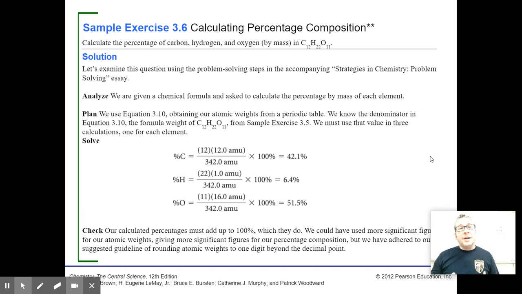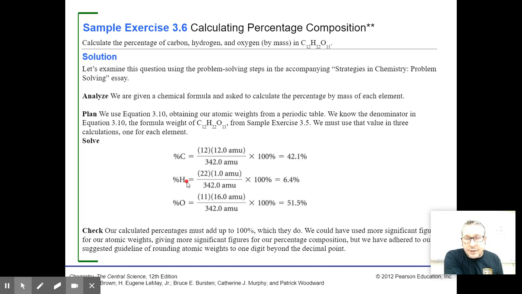This one is asking for all 3 percentages of the elements in this compound. It's all the same step. For carbon, there are 12 in the formula, multiplied by 12 AMU, divided by the overall formula weight that we saw a couple slides ago, 342, and multiplied by 100%, you get 42.1%.